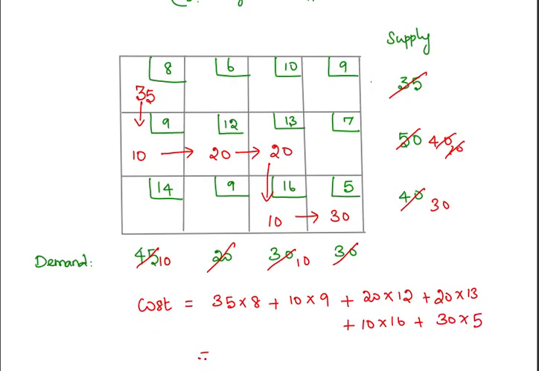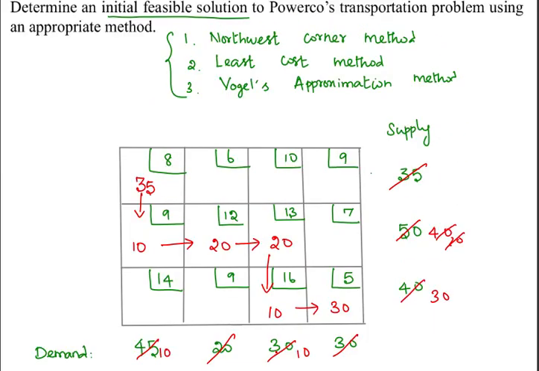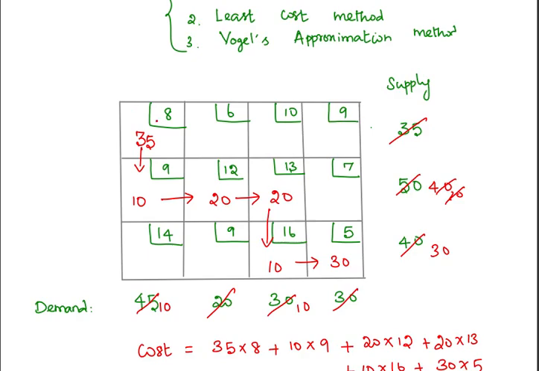If you add them together, you get the answer: 1180 rupees is the cost if I transfer using the Northwest corner method. This is very simple. I am starting from this cell only.